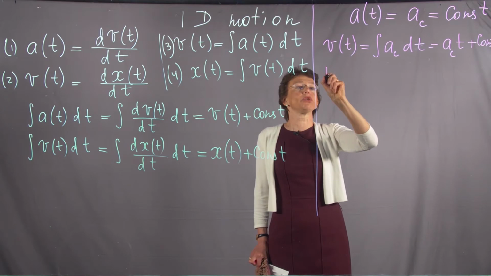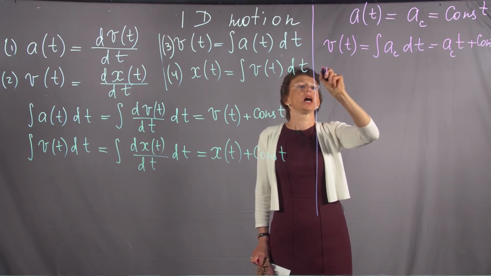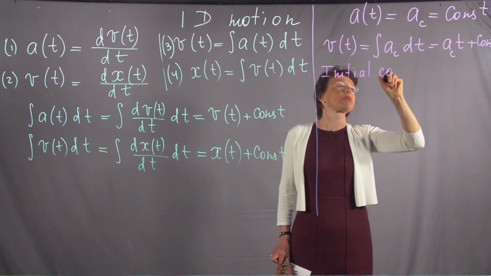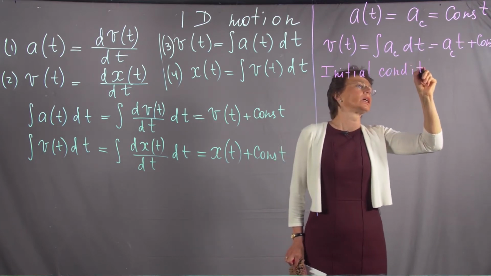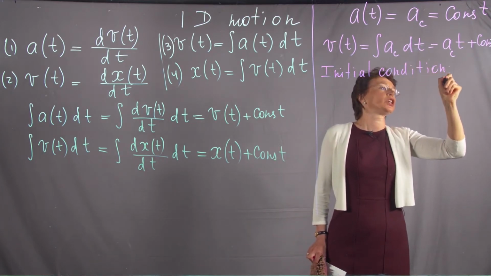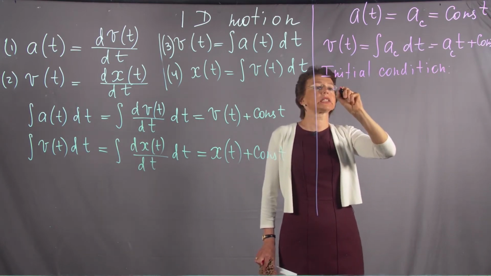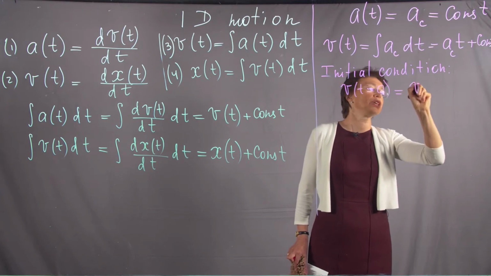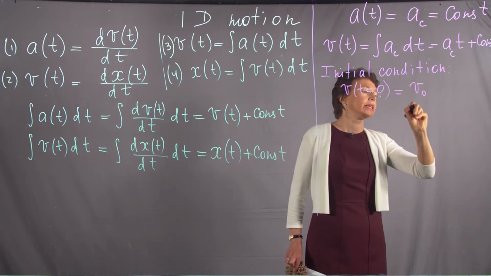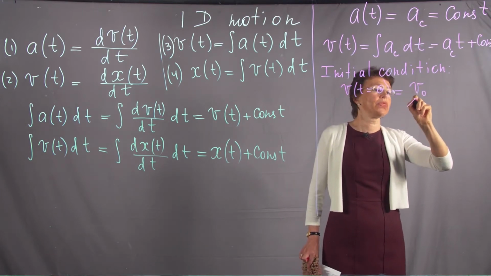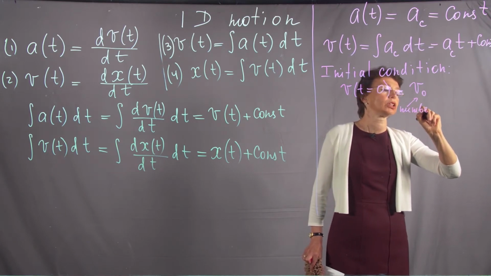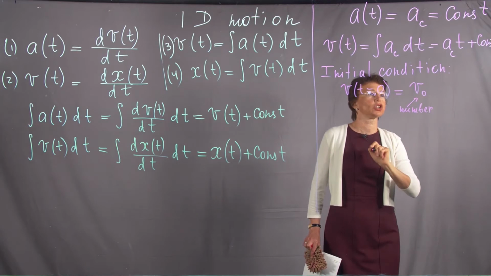So let's assume that the initial condition, which has to be given, is velocity at time moment 0 is v naught, where v naught is a given number. That's not a function. This is a given number, initial condition.